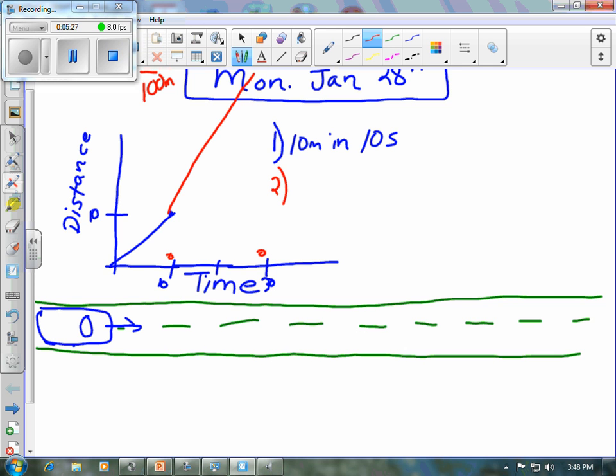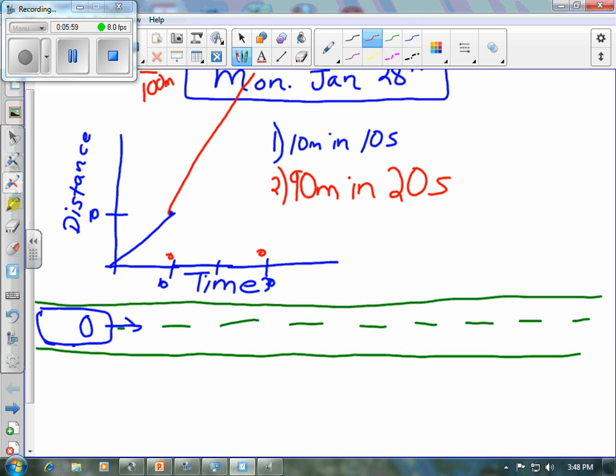How much did it go? Right, it went 90 meters in how many seconds? You said 90 meters? Wait, 90 meters in 20 seconds. Okay.